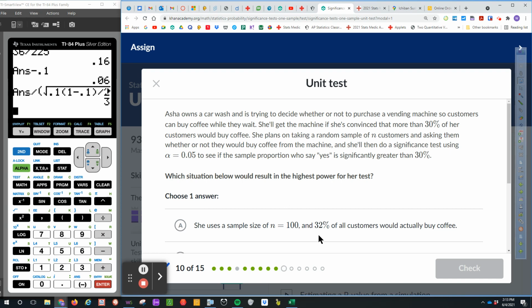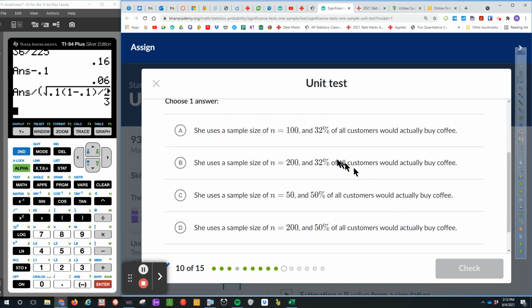Alpha is 0.05, so we need to make sure that we reject.